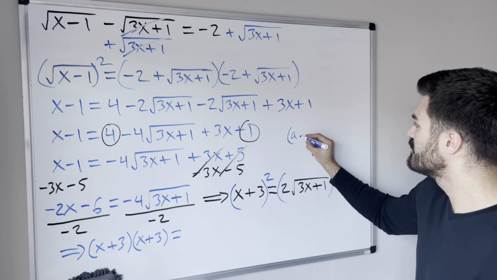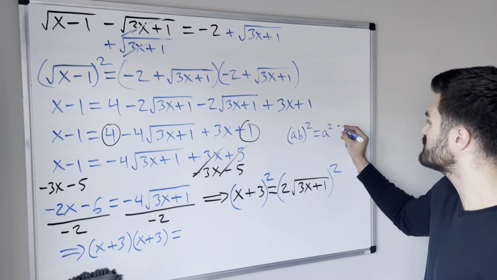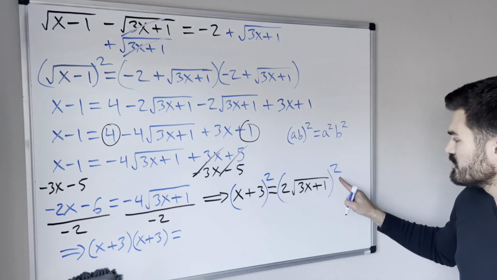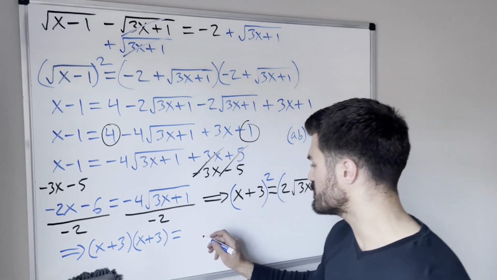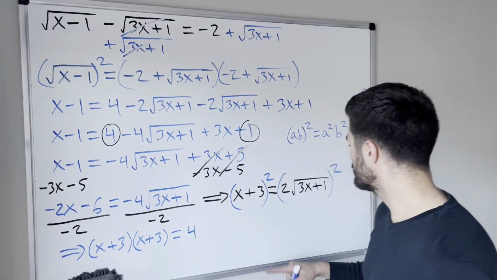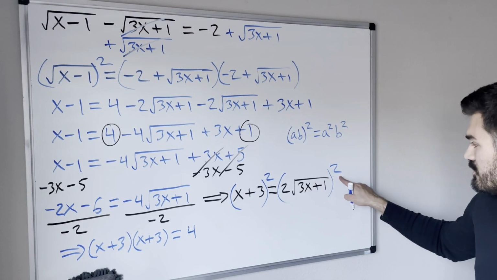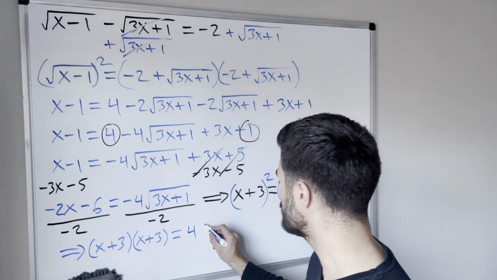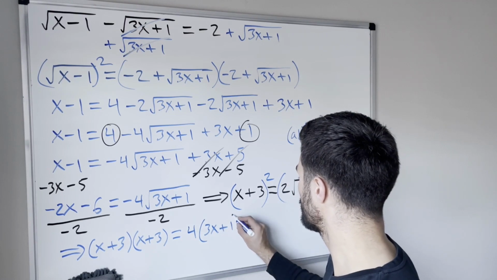If we have 2 things being multiplied and it's squared, that's the same thing as a squared times b squared. So we can sort of distribute that squared, and what we're going to get is 2 squared, which is 4, times square root of 3x plus 1 squared, right? And those are going to cancel, so we're just going to be left with 3x plus 1.